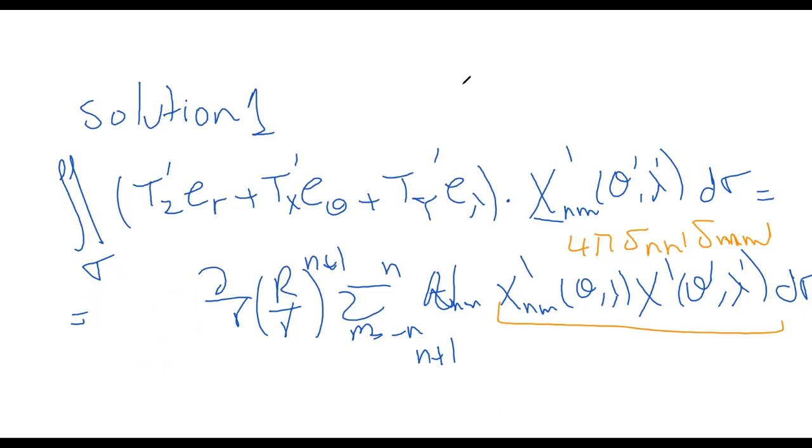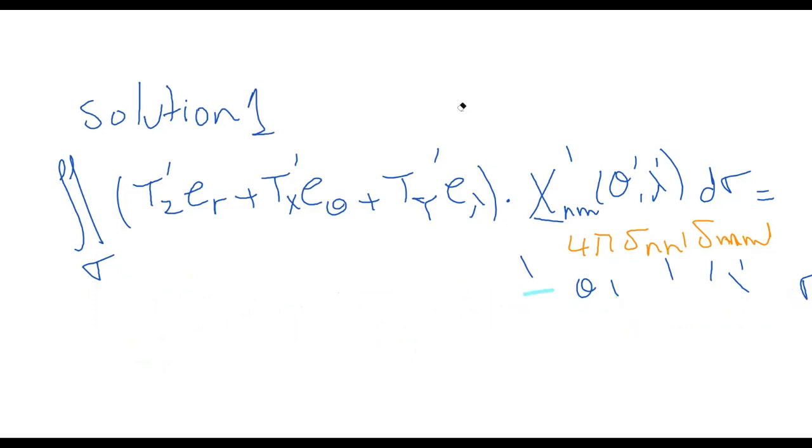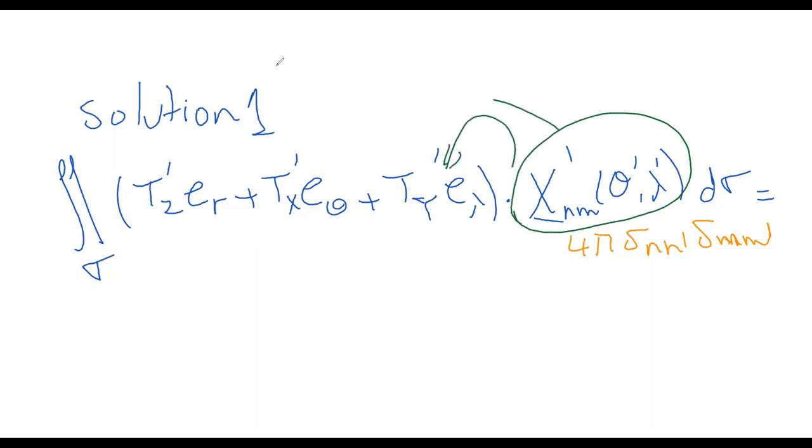So I take the derivative with respect to this one, which will be n plus 1. Let me write it from the beginning. This term is also orthogonal to this thing.